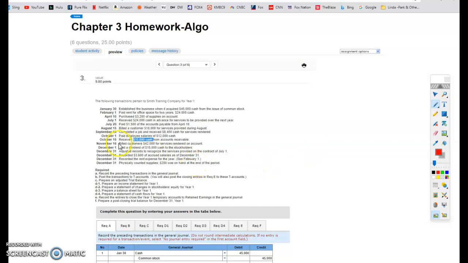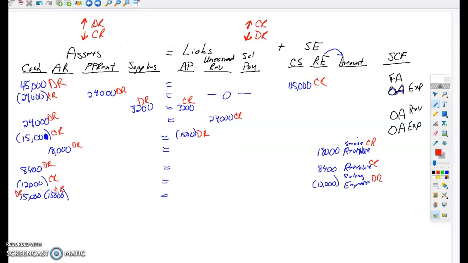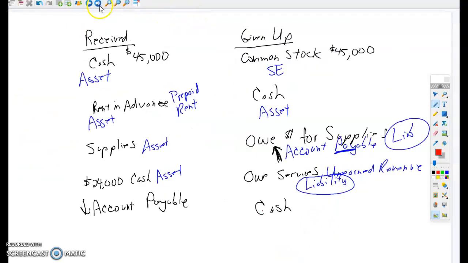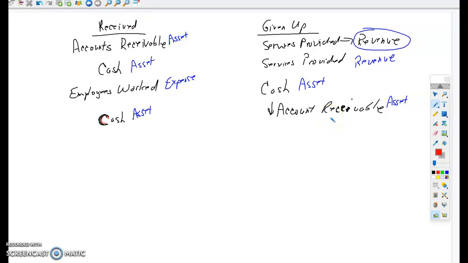Okay, November 16, billed customers 42,000 for services rendered on account. We've already done one like this, so we'll try to go through it quickly. So again, we are providing services. So we know that is revenue.